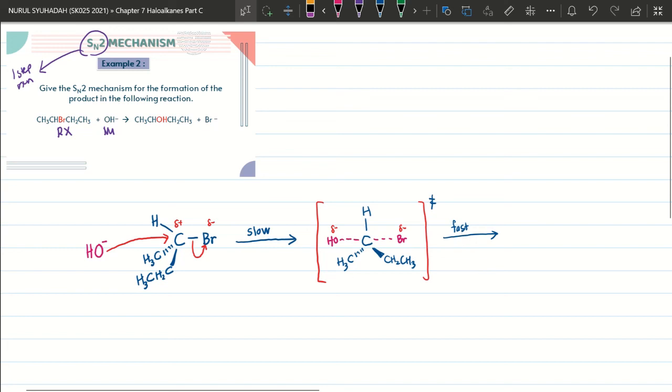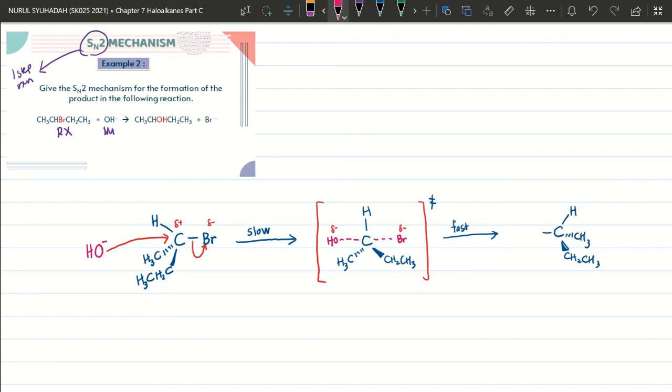So how do we start drawing? Draw the carbon skeleton first, carbon 1. The top one will go up here, so here will be your hydrogen. Then two more structures, one here. Let me draw this better. Hydrogen. Here CH2, CH3, CH3.